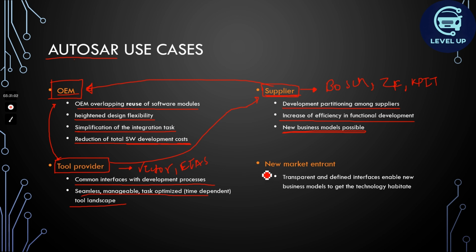Now, new market entrants: whichever company wants to build its new vehicle, they are newly becoming an OEM. Transparent and defined interfaces enable new business models and technology adoption. By using AUTOSAR, the new OEMs introduced to the market for the first time have taken this positively.